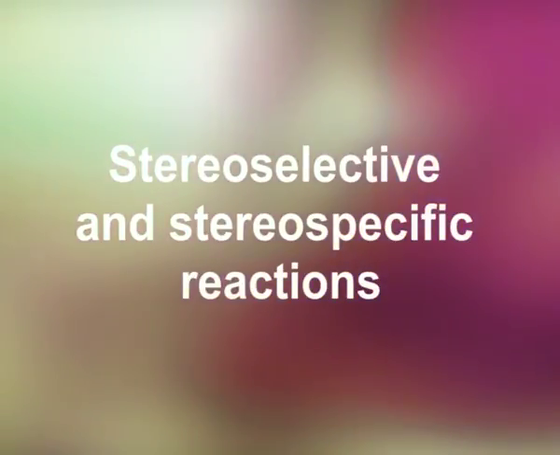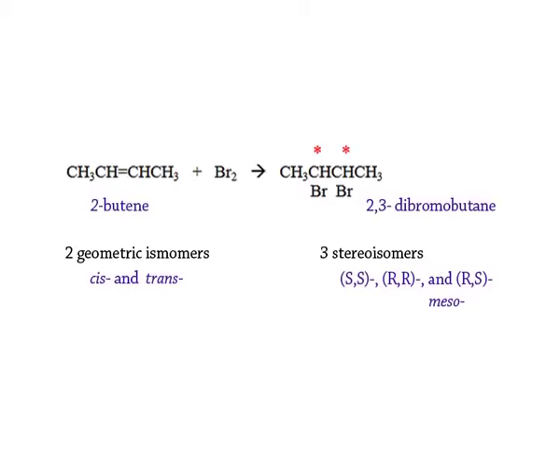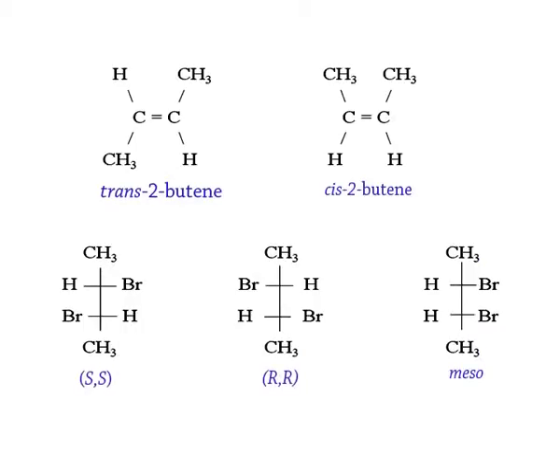Stereoselective and stereospecific reactions. You have an example shown on your screen. A reaction that yields predominantly one stereoisomer or one pair of enantiomers of several diastereomers is called a stereoselective reaction.